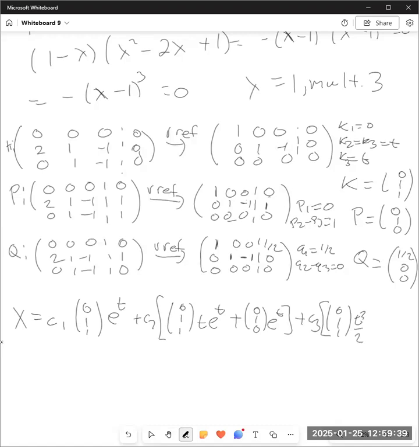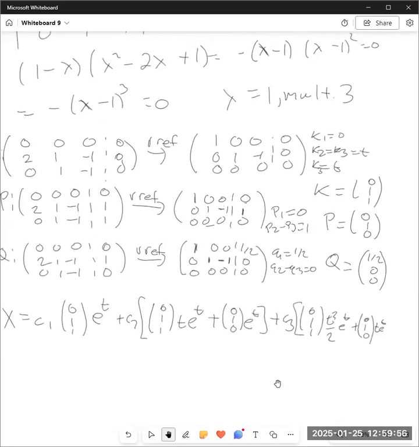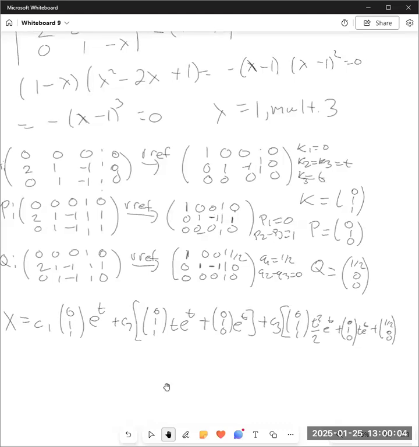Over 2. e to the t, plus, and then 0, 1, 0, t, e to the t, and then plus 1/2, 0, 0, e to the t, and that's it.